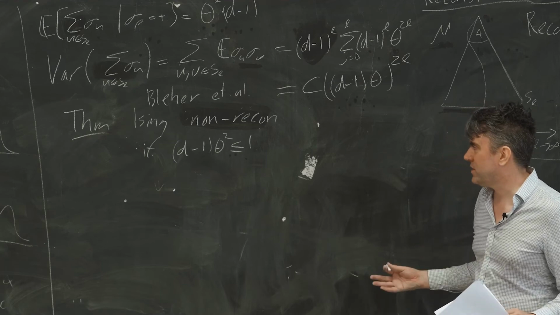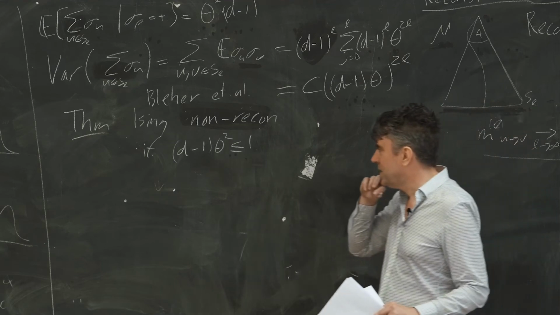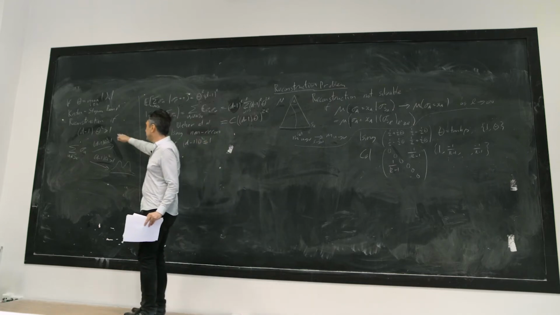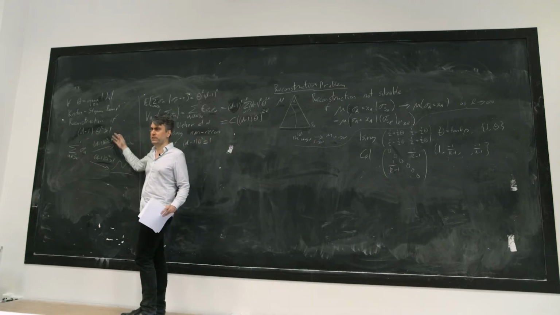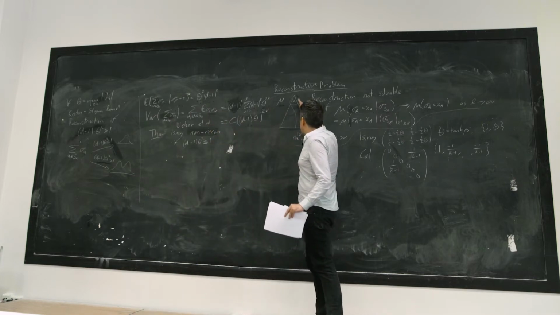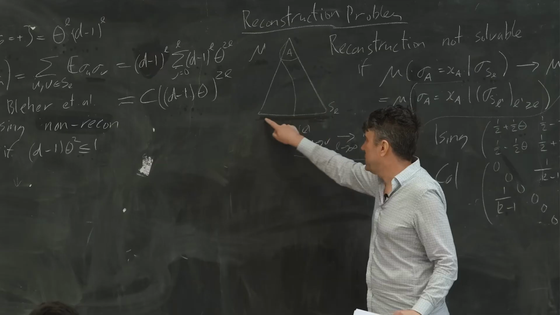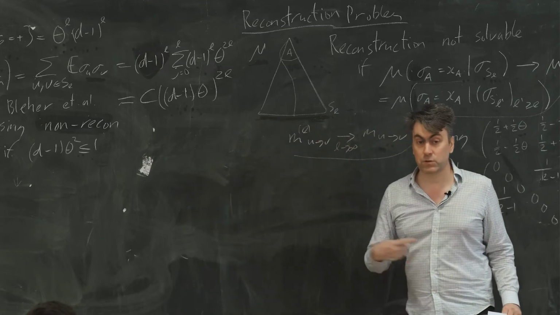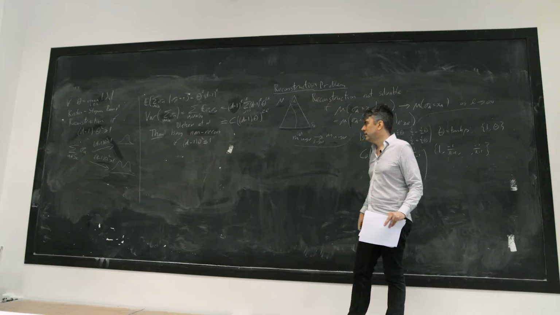You could conjecture that the Kesten-Stigum bound is always the right thing to look at. If your way of reconstructing the root is to just add up how many of each spin you have at level L, it always is the right thing to look at.